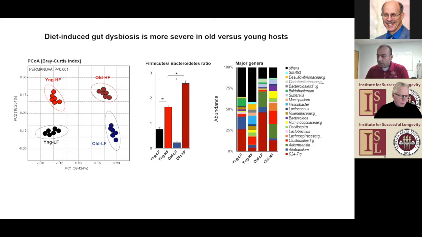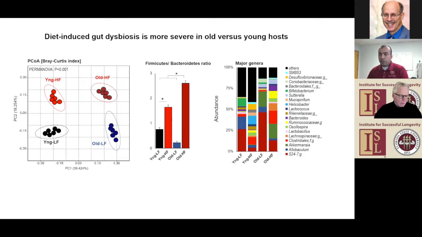And based on literature, many studies report an increased firmicutes to bacteroidetes ratio as an indicator of obesity and type 2 diabetes. This increased firmicutes to bacteroidetes ratio has been associated with a lot of human and mouse studies on obesity and type 2 diabetes. And we found that this firmicutes to bacteroidetes ratio was very, very high, especially in old mice when they were subjected to a high-fat diet.